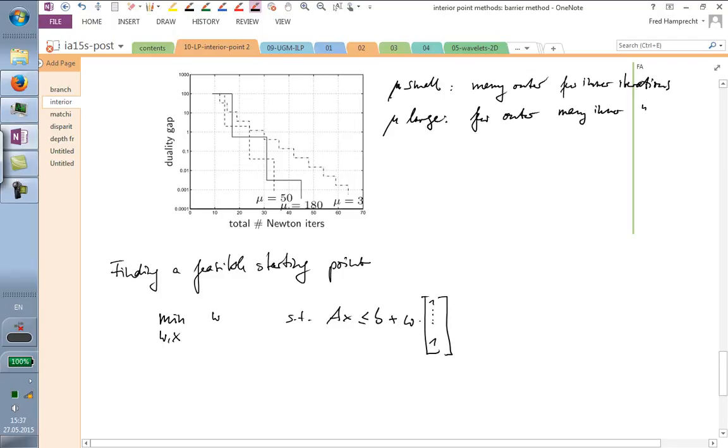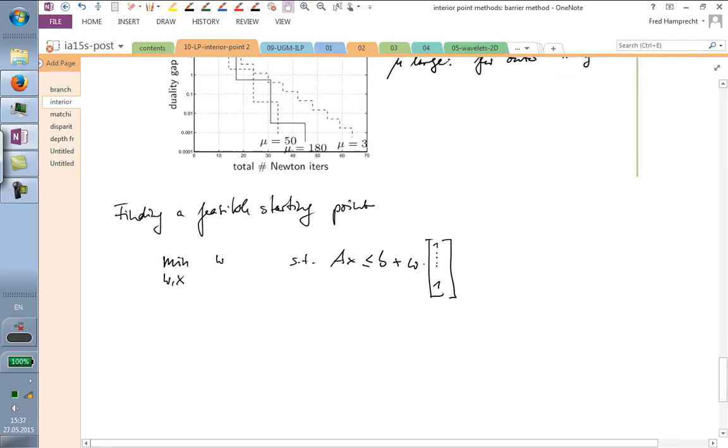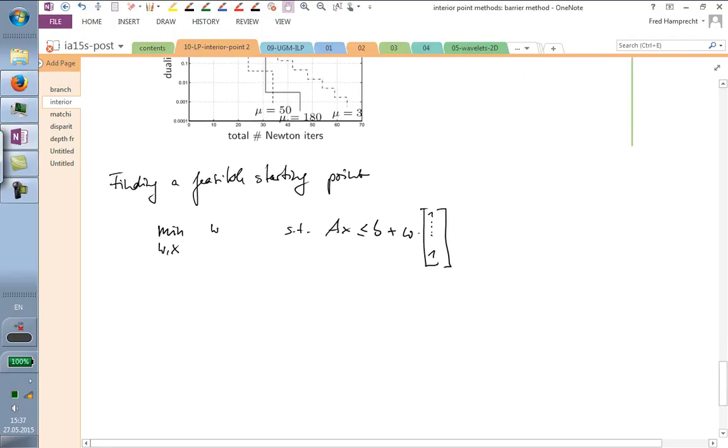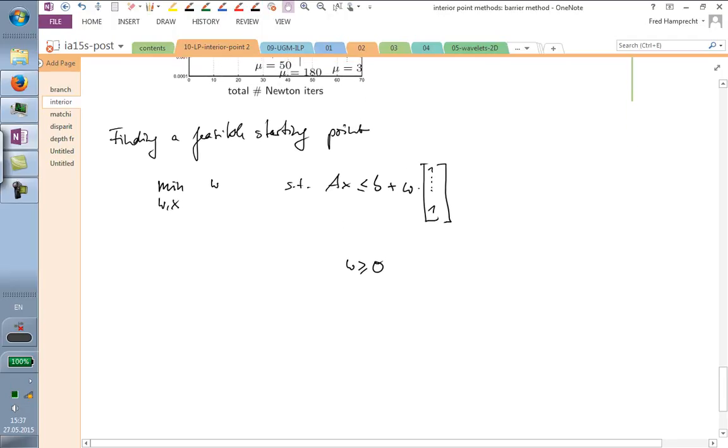These are almost the constraints we've seen, except that w is added to the right-hand side, w multiplied with a vector of 1s. And we also require that w should be no less than 0. And for this auxiliary problem, it is easy to find a feasible starting point, so a point which does not violate the constraints.